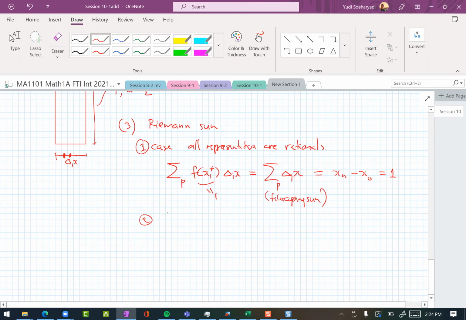And the second is the case where all representatives are irrational. So in that case, our Riemann sum is 1/2.